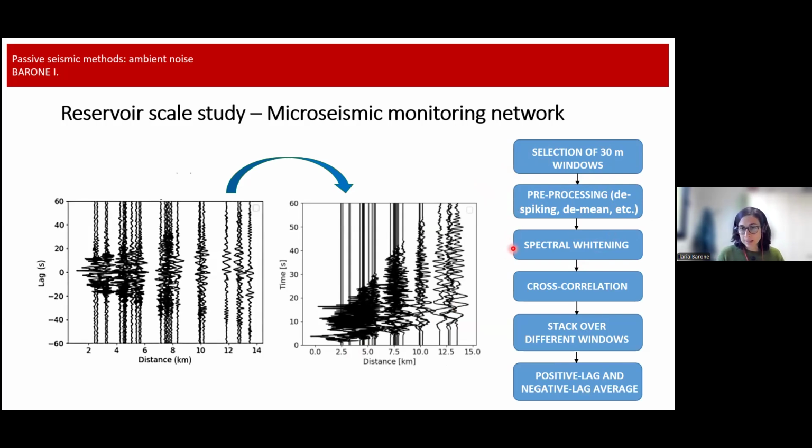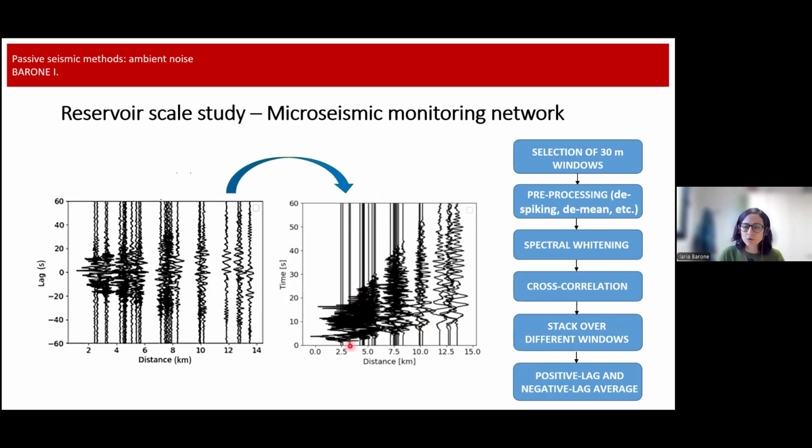Then we have applied spectral whitening, so a normalization in the frequency domain, cross-correlation for each pair of stations, and then stack of the different windows for the whole 2 years of data. And finally, we have averaged the positive lags with the negative lags, and that's what we got.